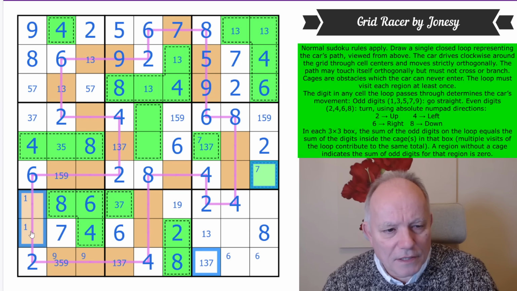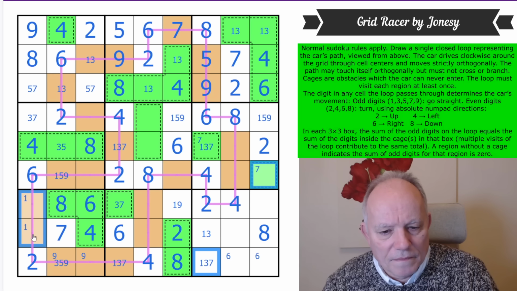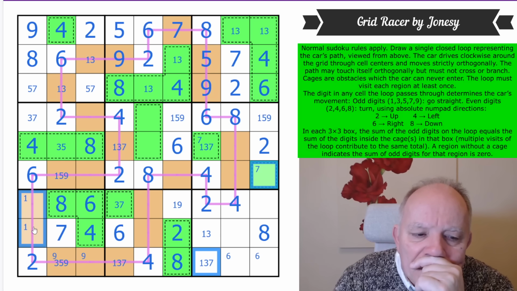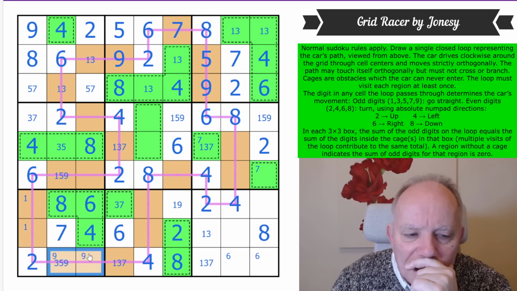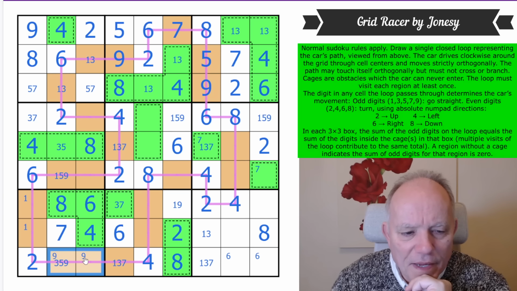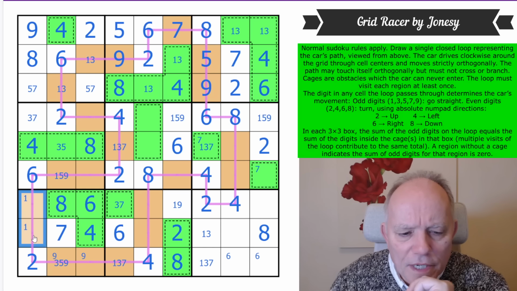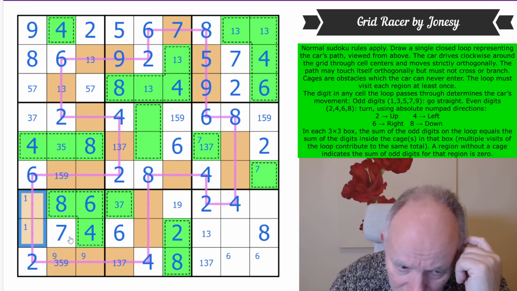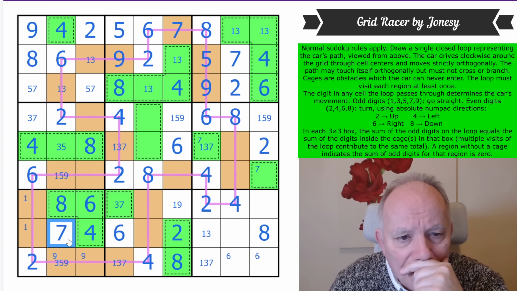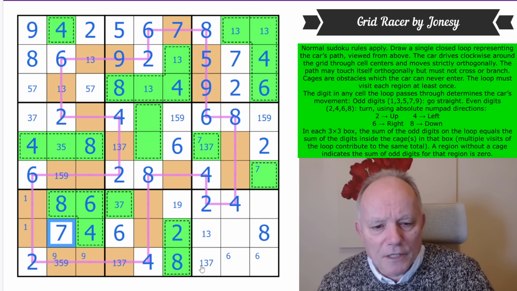Then one of these two has to be a 7. That makes this a 9-5 pair. No, I'm talking nonsense. If that's a 7, it doesn't make one of these two a 7 because we've already got a 7 there. Absolute gibberish, Mark. Gibberish.